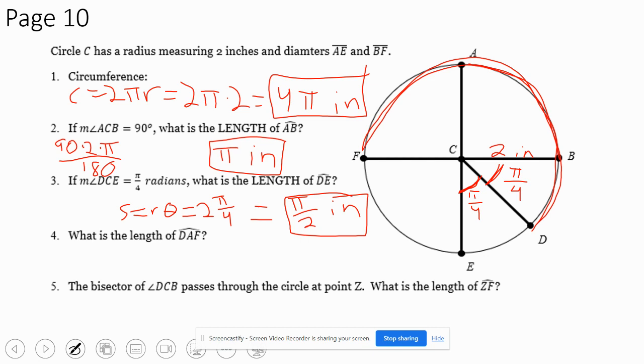So I'm looking at basically 5 pi over 4 as this arc measure, because I have the pi from the semicircle and another fourth. So radius times radians, right, 2 times 5 pi over 4 ends up giving you 10 pi over 4, which would simplify to 5 pi over 2.